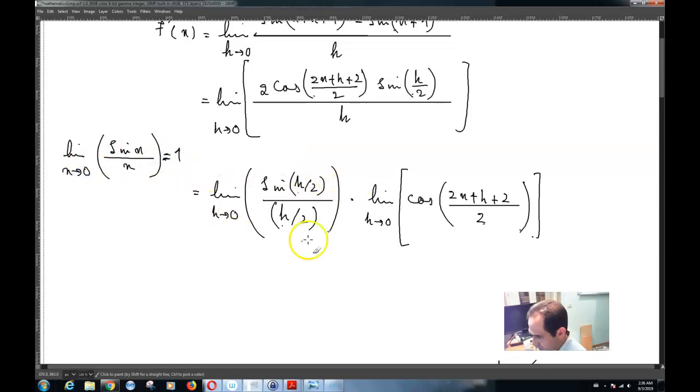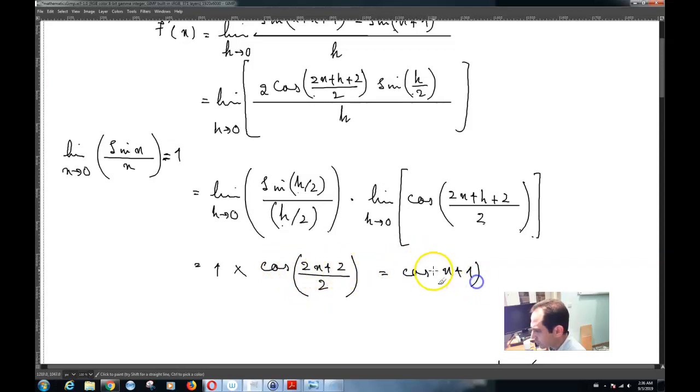So this whole thing becomes 1, and the limit of cos of 2x plus h plus 2 divided by 2 is equal to, if h tends to 0, then this h becomes 0, so then you will get cos of 2x plus 2 divided by 2, which is equal to cos of x plus 1.